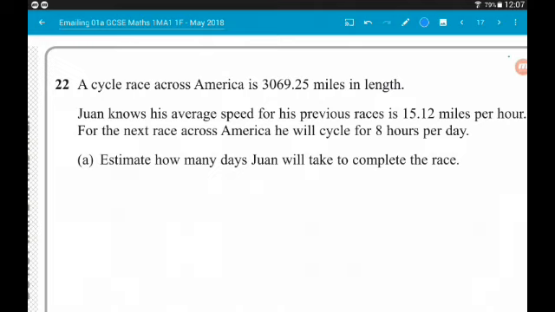We want to estimate, keyword, estimate the number of days it will take one to complete the race. So this is a non-calculator paper. We're told to estimate. We need to make the numbers nicer.